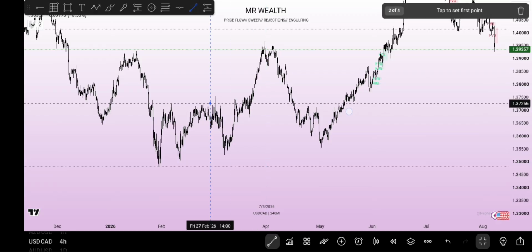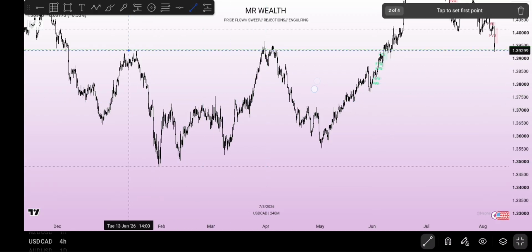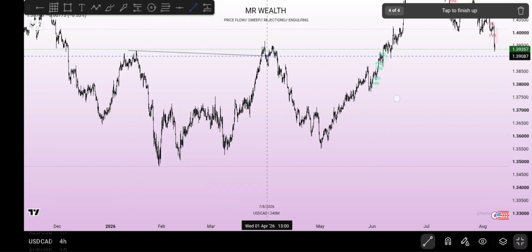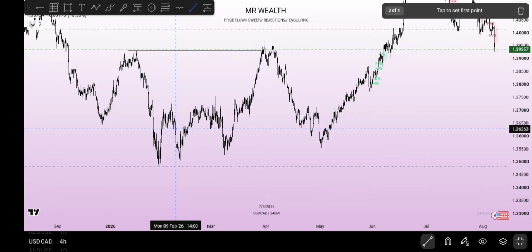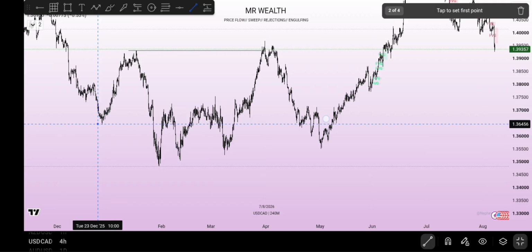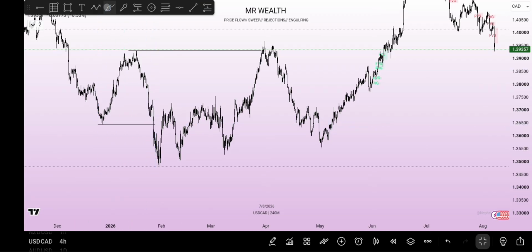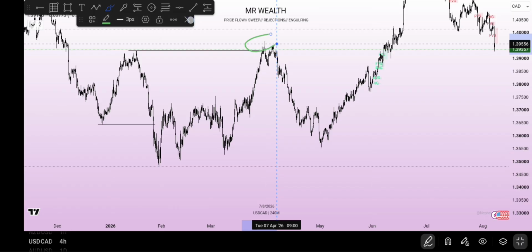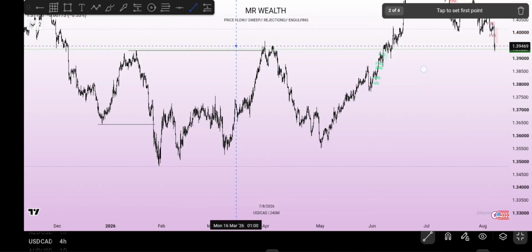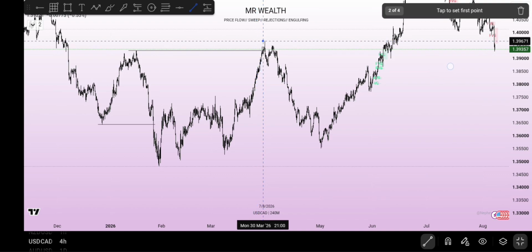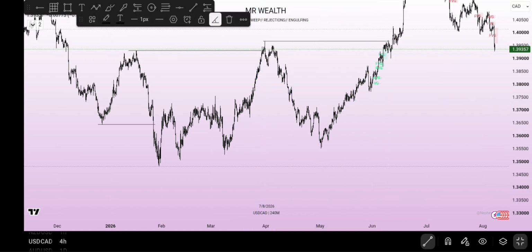So we had a shift over here. Market was eventually selling. This was the last break of structure over here. There was a break of structure, so market shifted over here. Then this will be our next target if price comes down to mark any POI.